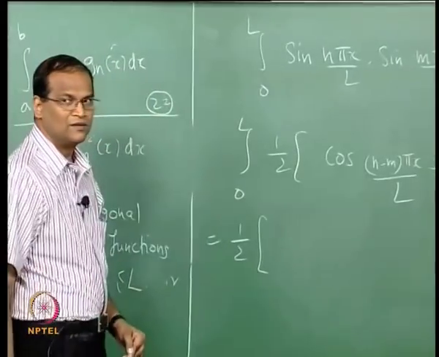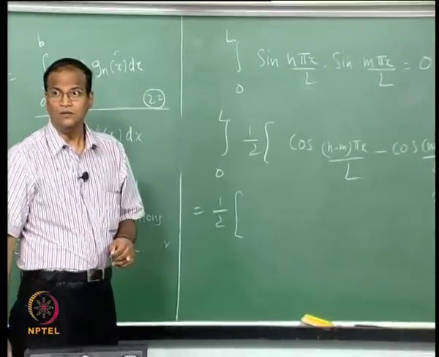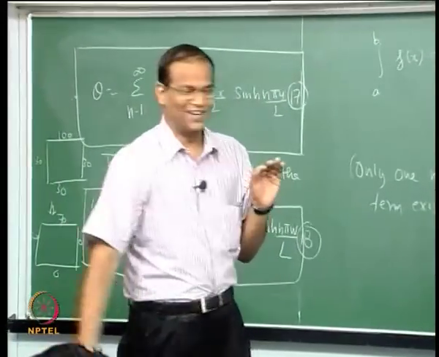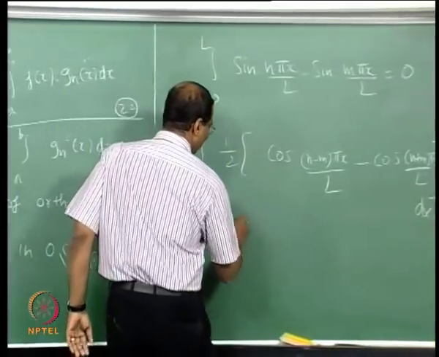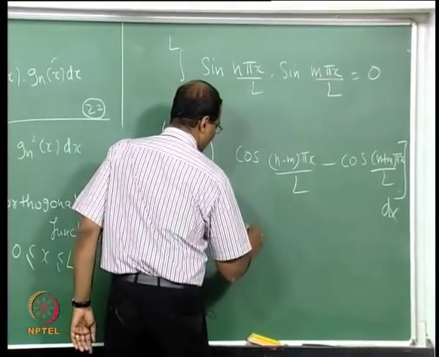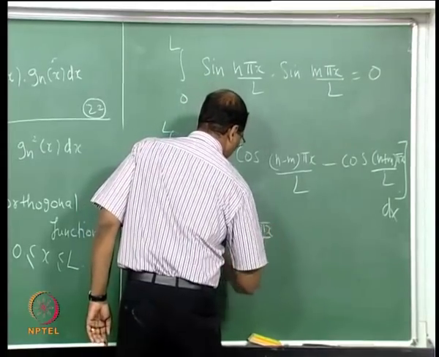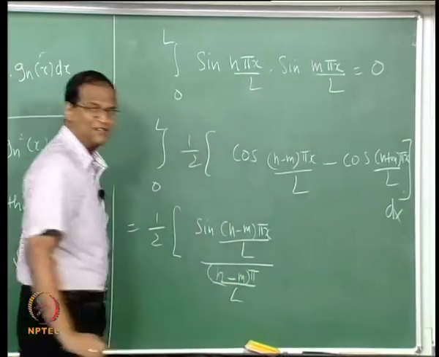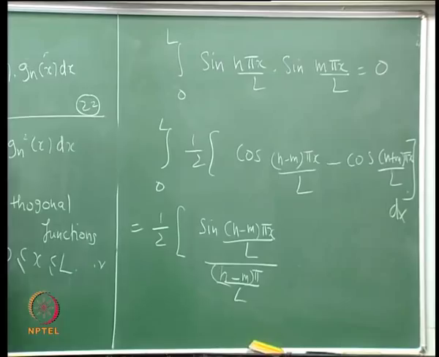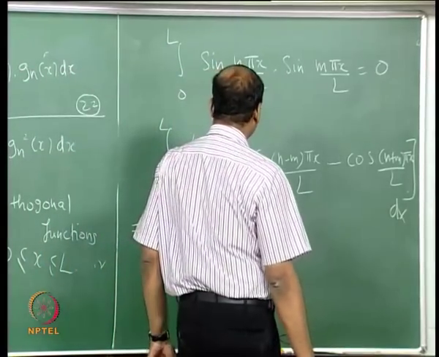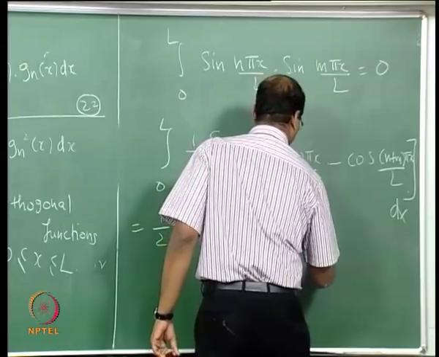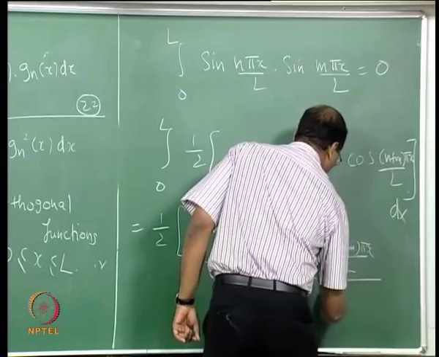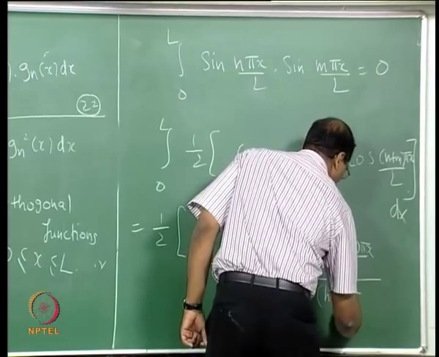Integral of cos is sin, since d of cos is minus sin. Something by n minus m pi by L will come, no? That is okay. Let us not worry about the denominator, anyway it won't trouble.